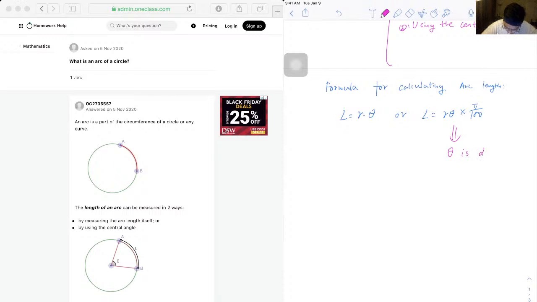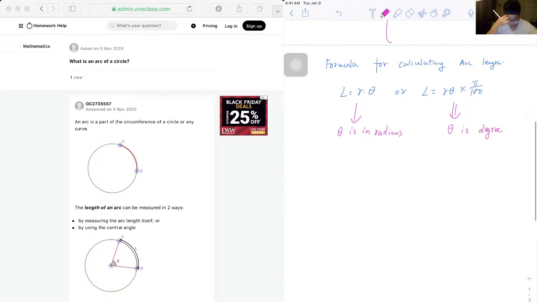In this case, theta is in degree, and theta is in radians. Okay?